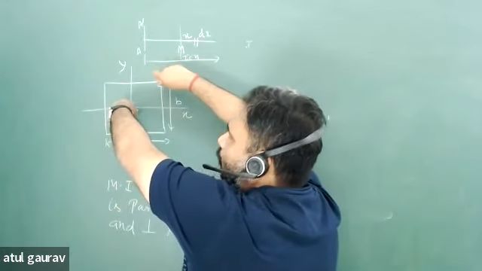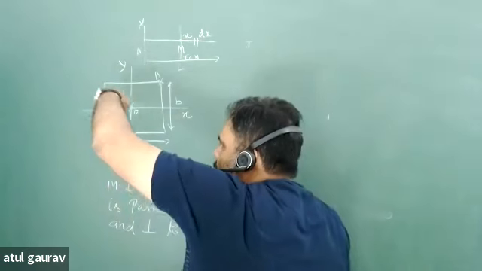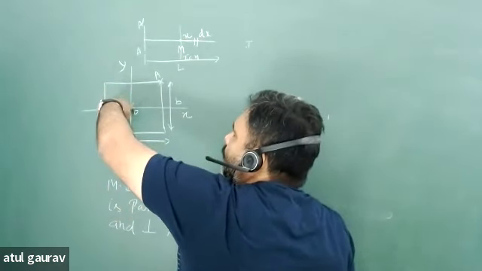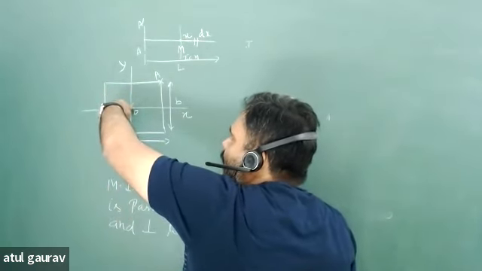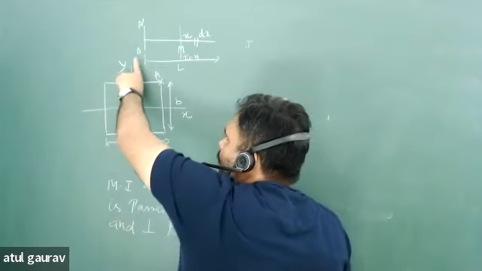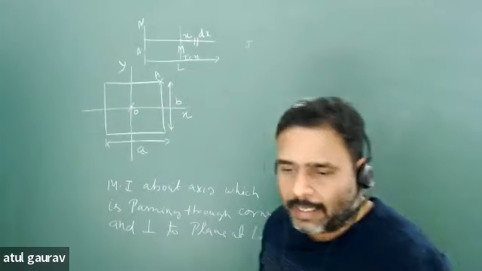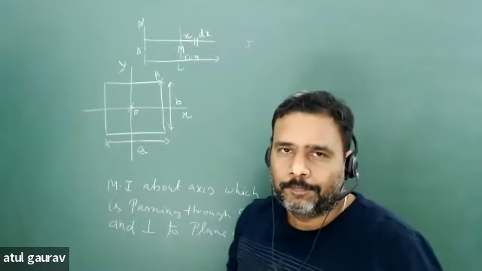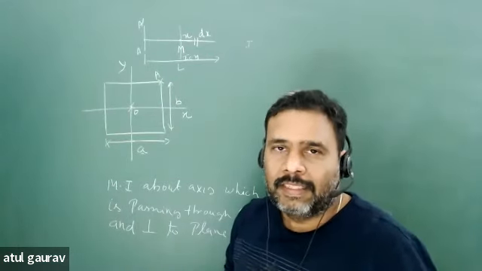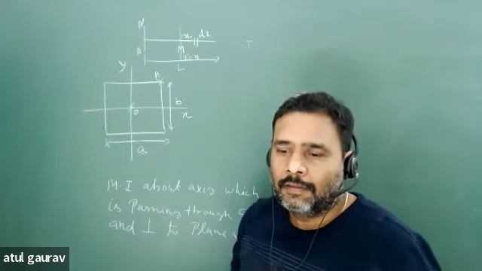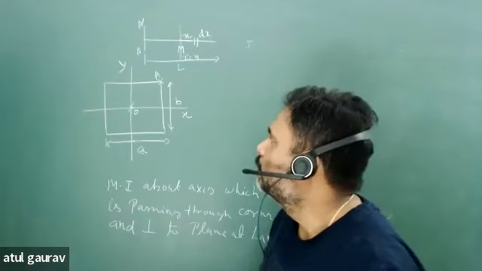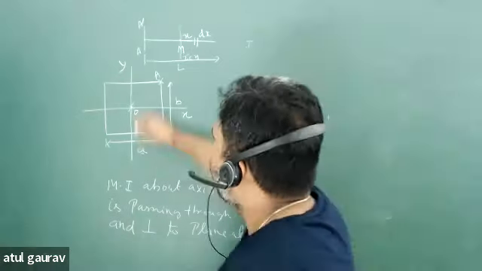Isn't it? And to find about this axis, if we can find the moment of inertia about this axis and this axis, then easily we can use the parallel axis theorem. Yes?